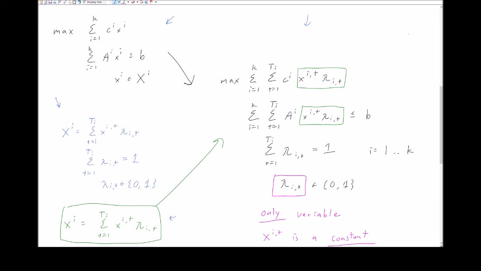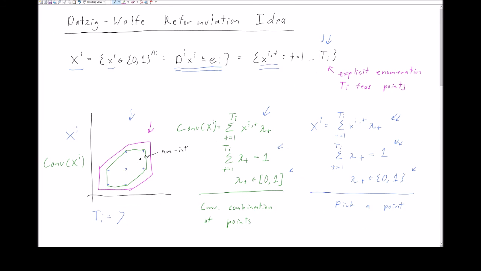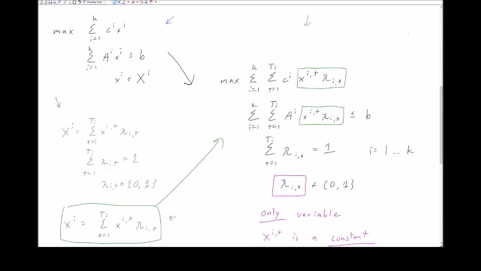Here we've introduced a new index for our lambda. Recall that when we looked at the Dantzig-Wolfe reformulation idea, we were talking just about lambda t's. Now we're talking about lambda it's. We're going to have a set of lambdas for every index i, remembering that this index is an index over the decomposable sets.